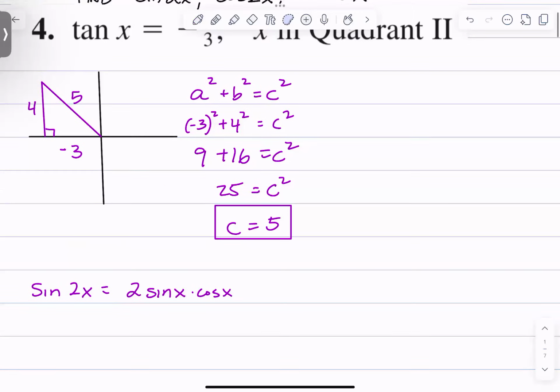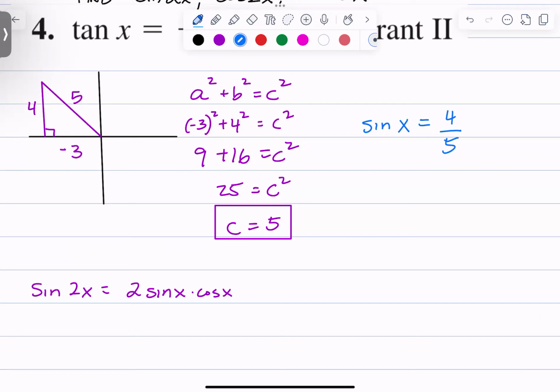So if we have that, going back to the triangle that I drew, we know sine of x is going to equal y over r, so 4/5, and the cosine value is -3/5, or x over r. So all we do here, class, is we just plug it in.